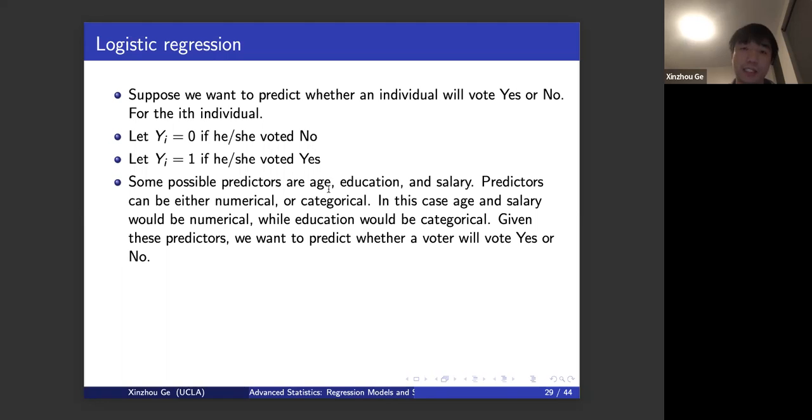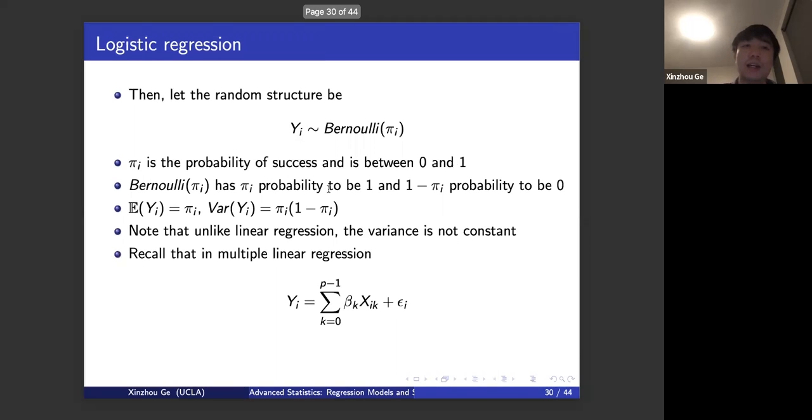And these predictors can be either numerical or categorical. For example, age and salary are numerical and education is categorical. We want to use all these predictors to predict the results of the vote. And how can we do this?